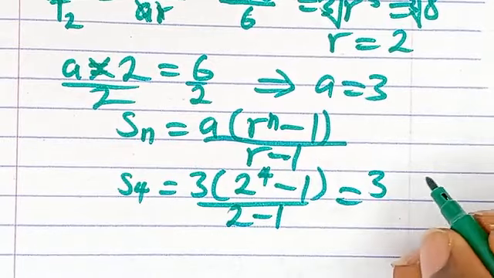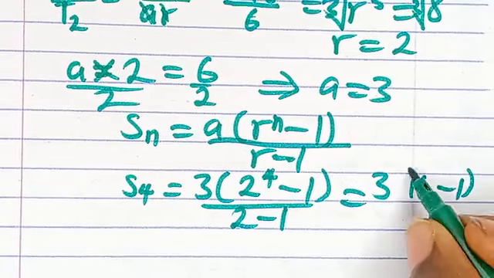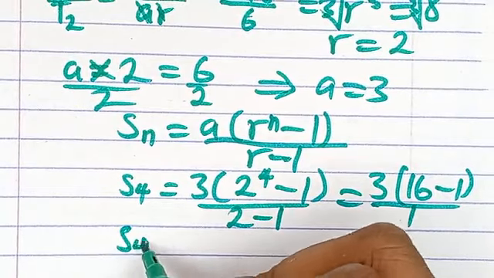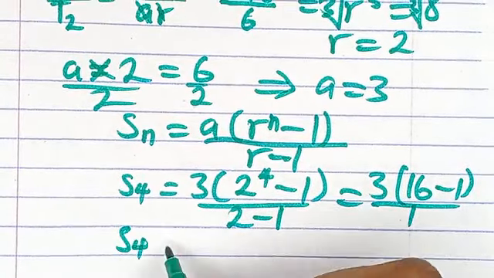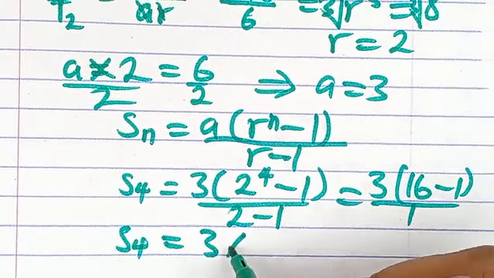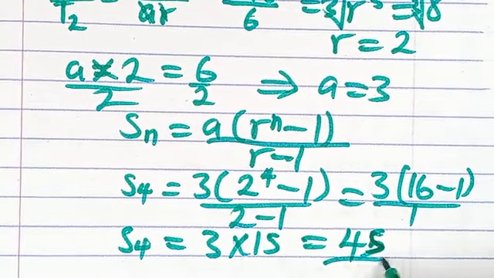This gives us 3 into 2 raised to power 4, which is 16, minus 1. 2 minus 1 is 1. So the sum to the fourth term is equal to 3 into 16 minus 1, which is 15. So this is 45.